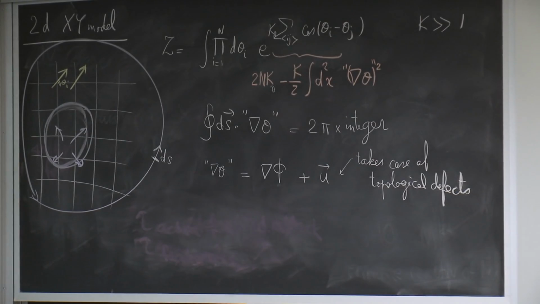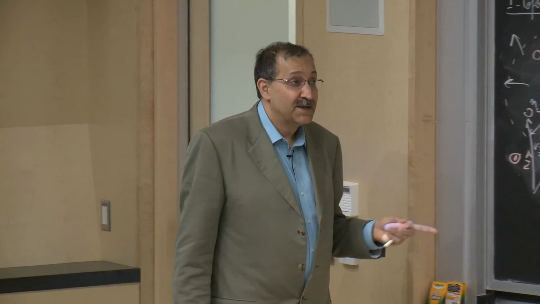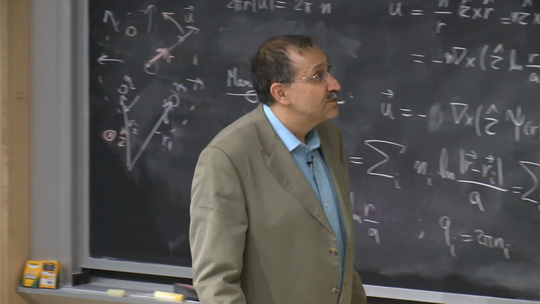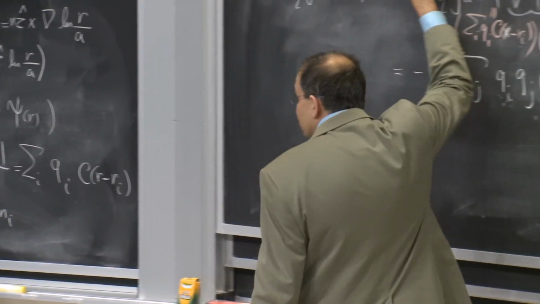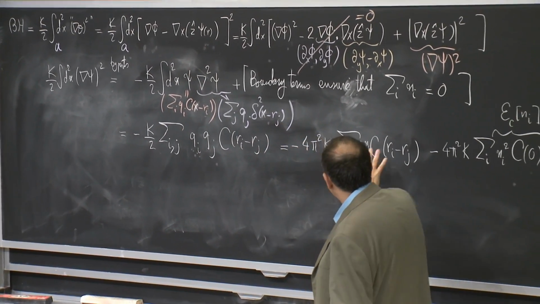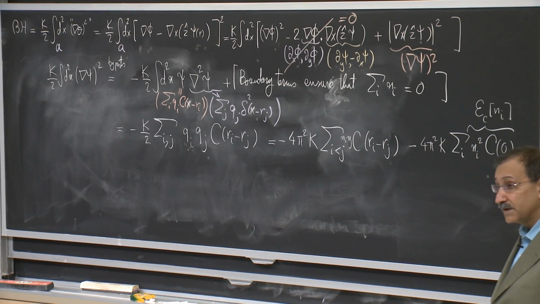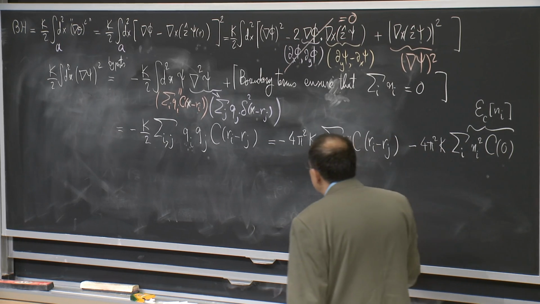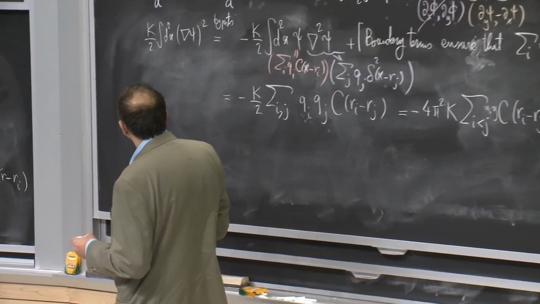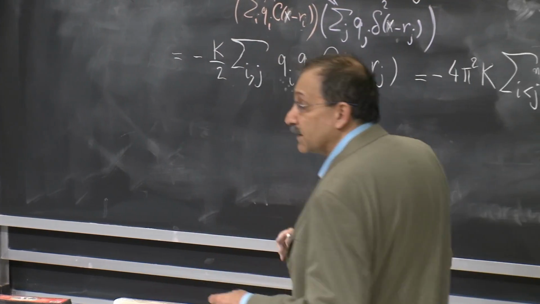So really, the partition function that I wrote down at the beginning, if I want to calculate correctly, I have to include both these fluctuations and these fluctuations corresponding to an arbitrary set of these topological defects. And what we see is that the partition functions and the energy costs of the two components really separate out.